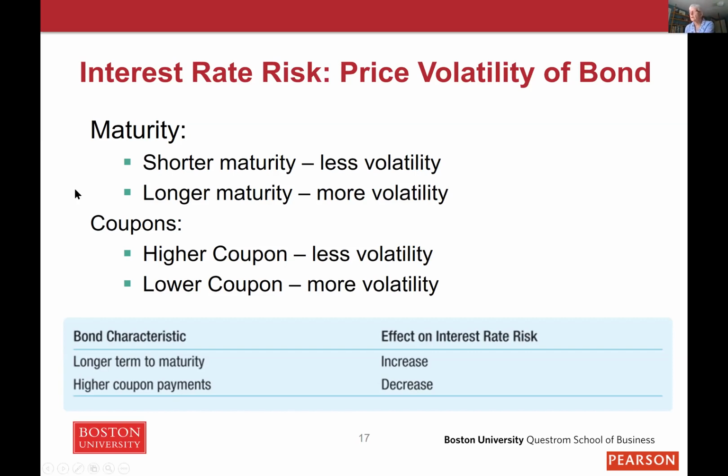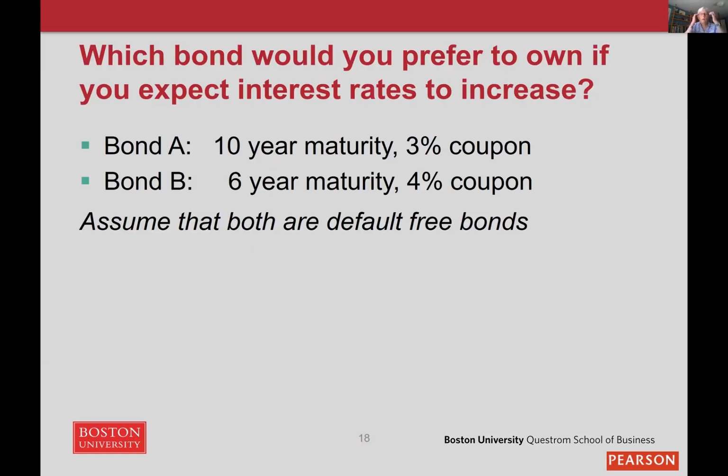So what I'm going to do is have you think for a moment about how we would feel in different interest rate conditions about a bond that doesn't change as much or that changes more. We're going to look at a situation where you think interest rates are going to increase, and you have a choice of two bonds that you could own.